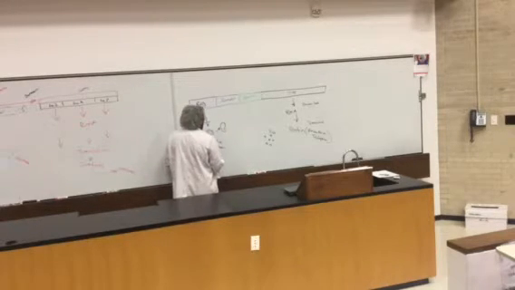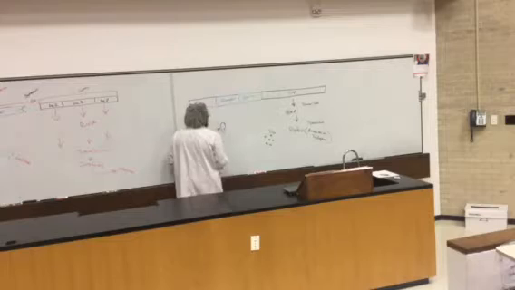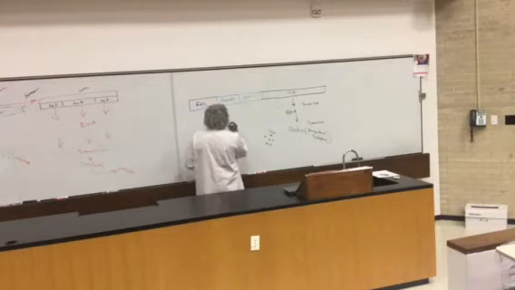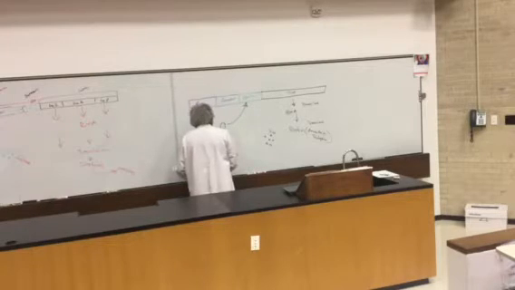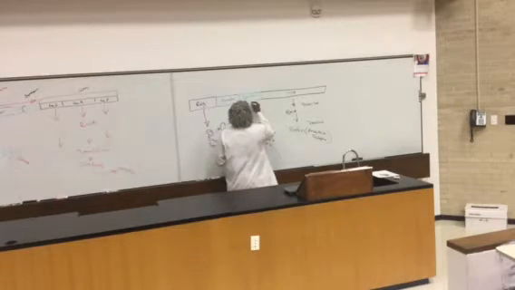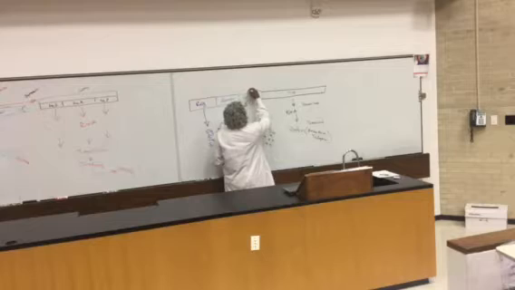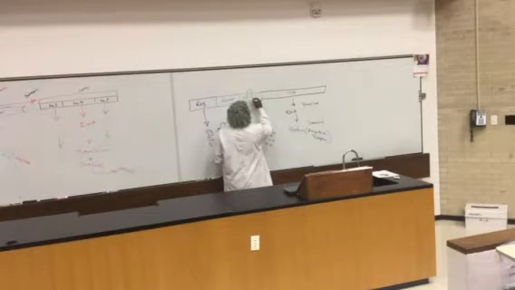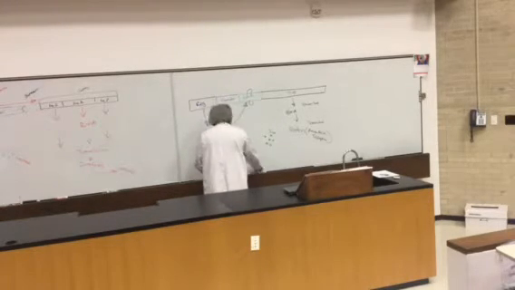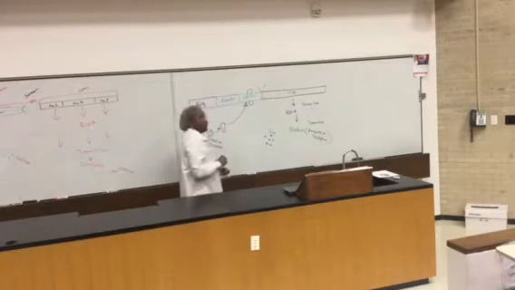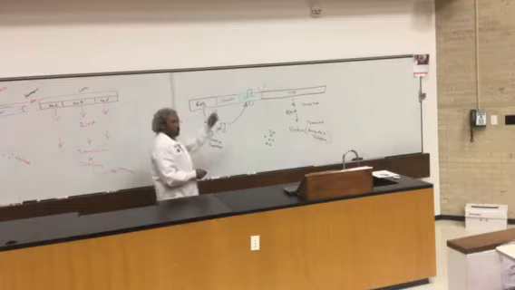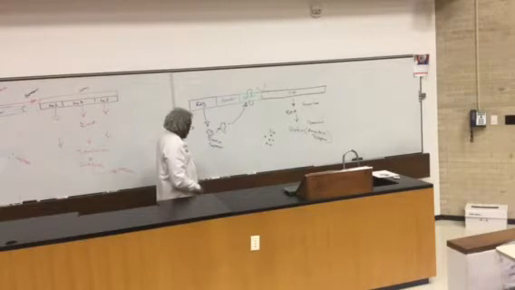Notice there's a change in shape there, right? And so this active form will come up to here and bind onto the operator. And when it binds up to the operator, it does not allow for that gene to be expressed.